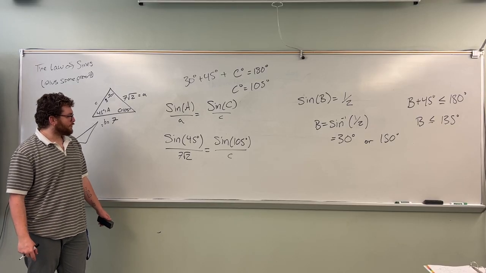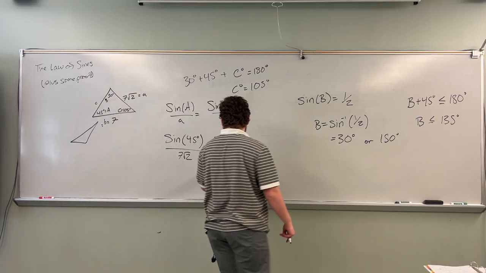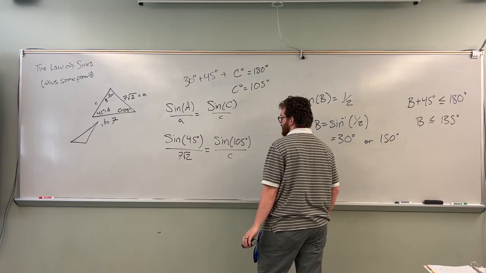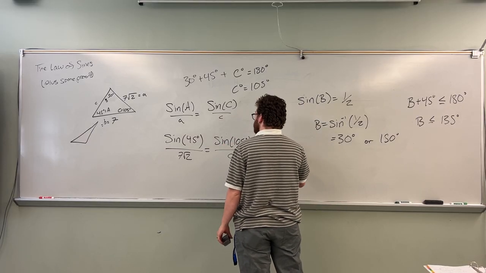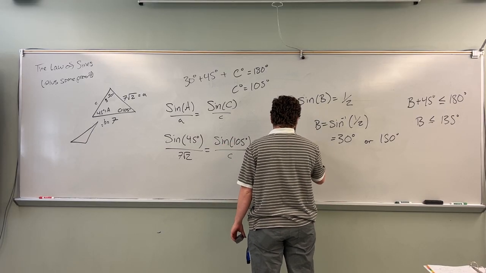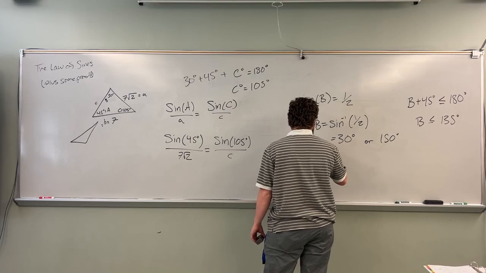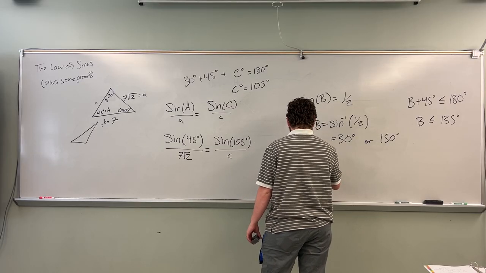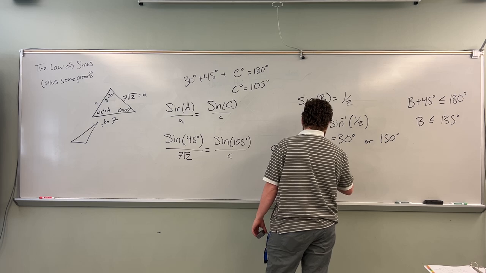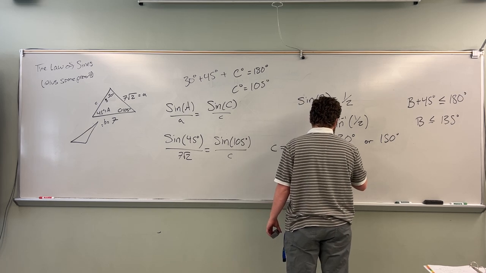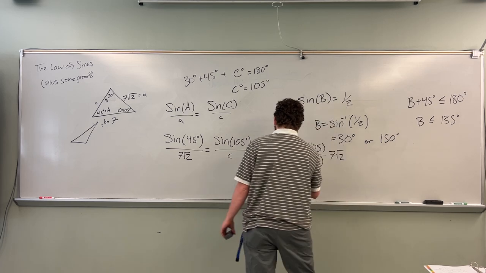Then just doing my arithmetic and rearranging. Multiply C to both sides, divide by that fraction. I get C equals sine of 105 over sine of 45 times 7 root 2.